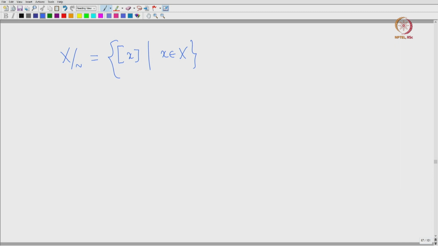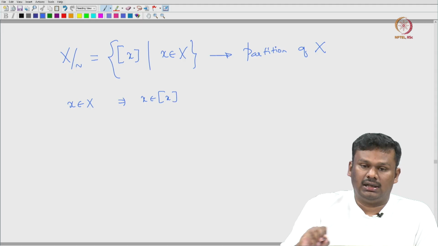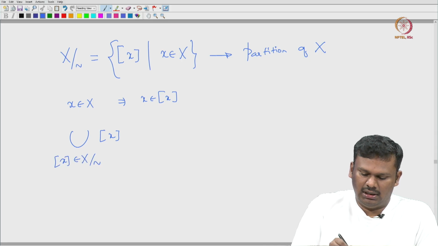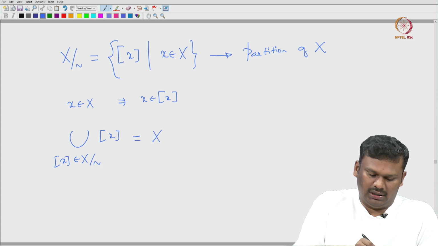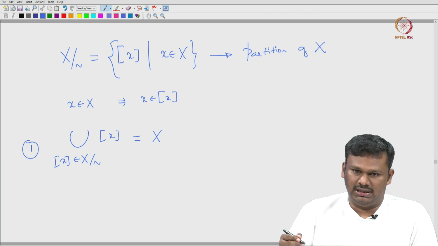So, now this collection is going to form a partition of our capital X. Why? Because given x in X, we always have that x is going to be inside class x. So, that means the union of the classes x, where class x comes from X modulo tilde, is going to be capital X. So, this is what we wanted in the first place to be a partition.